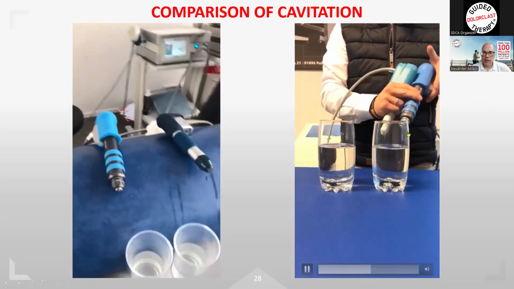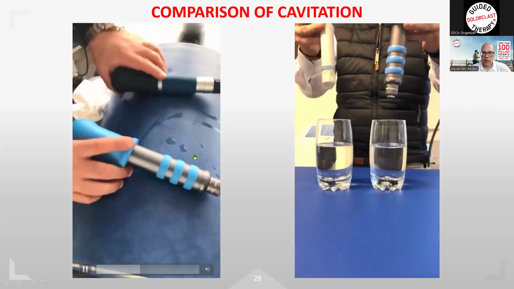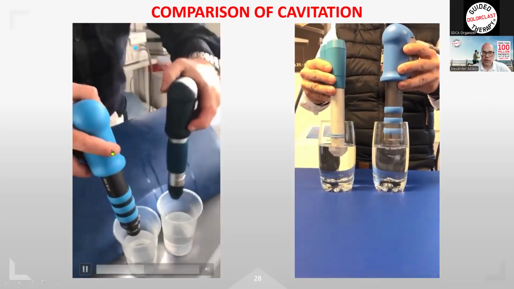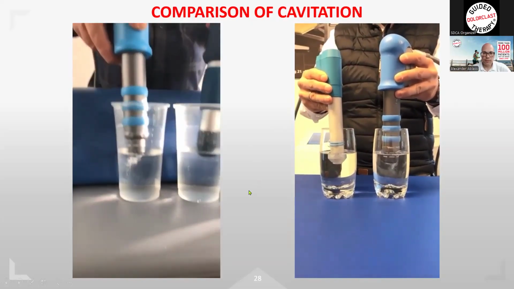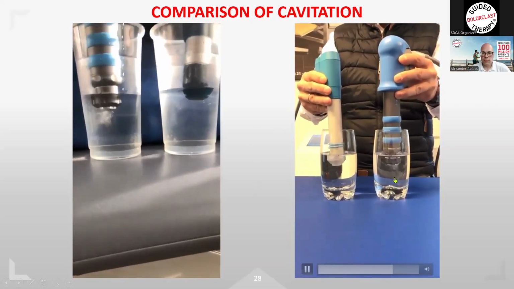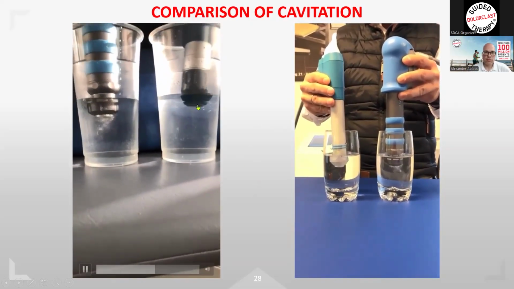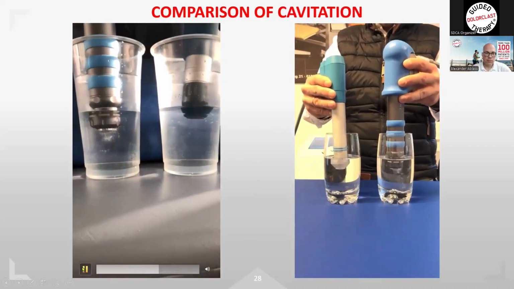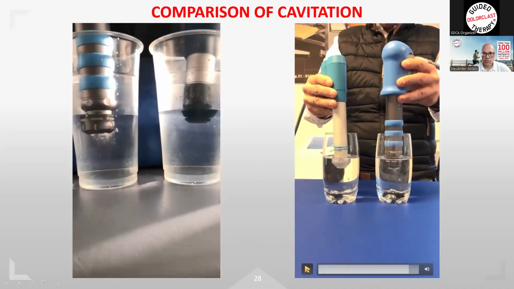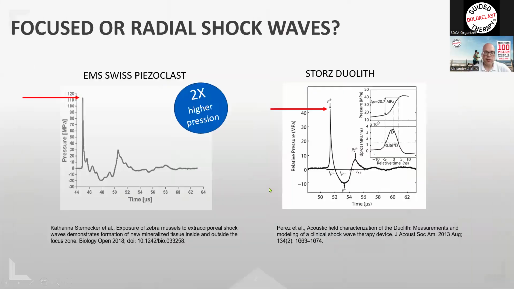The EMS device is on the right, and the other device's video is on the left. Basically, you can see the differences.